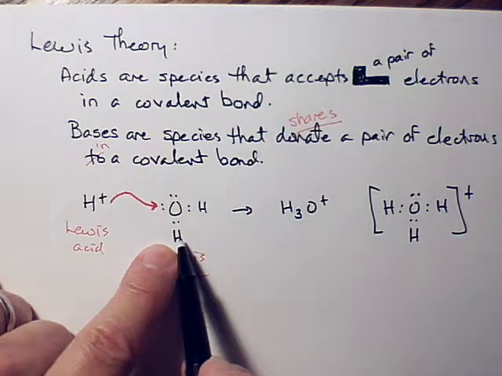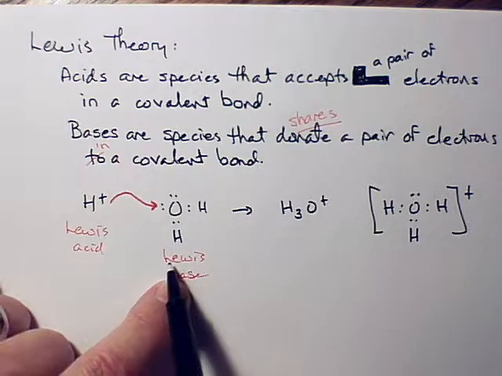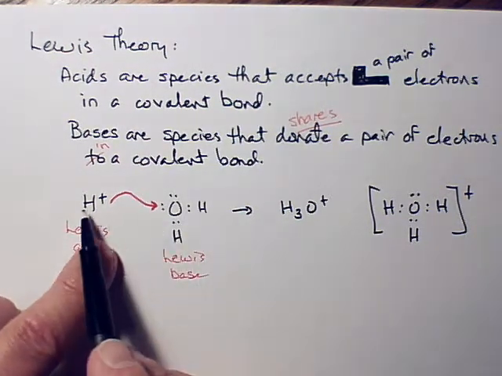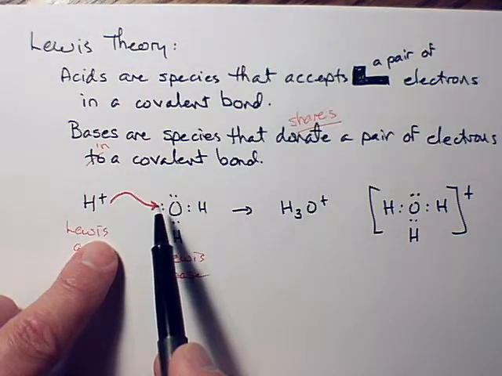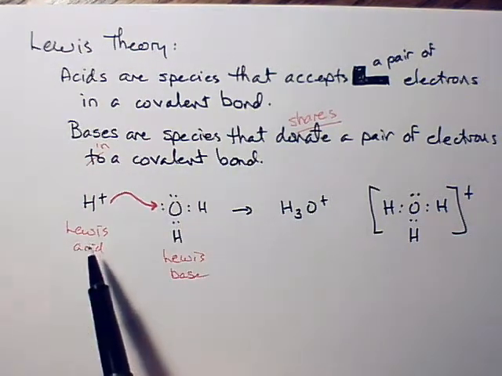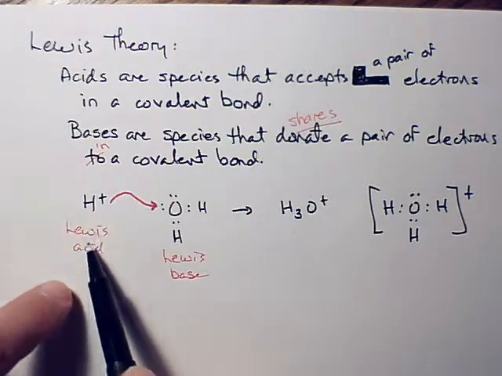By the same definition, this is a Bronsted-Lowry base because it accepted this proton. Anything that donated a proton, according to Bronsted-Lowry, is an acid. Lewis says this is the acid.